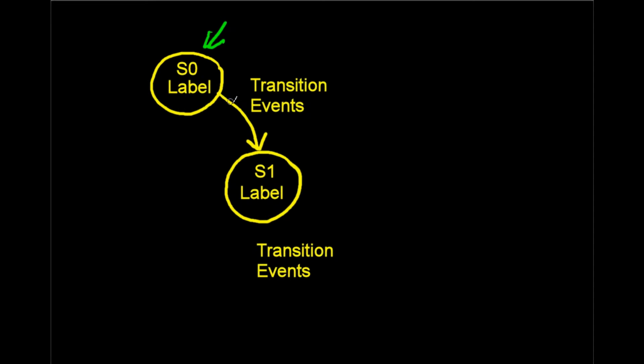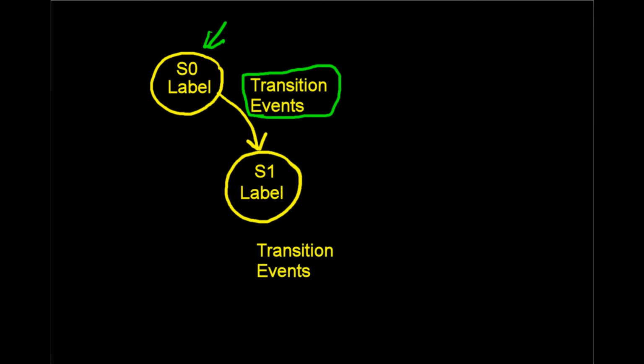The state also has an arrow coming out of it that says, I will leave this state and go to a different state of operation if these transition events occur. And it could be one event, it could be many events, it could be no event. If it's no event, it means you're in here, you take whatever action this state needs to take, and you immediately go to the next one. So this is our state diagram sort of setup. This is how they're made.